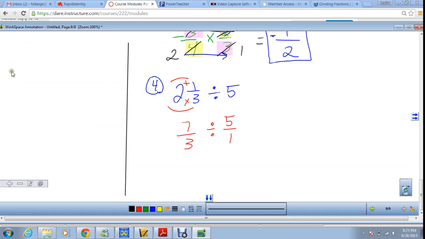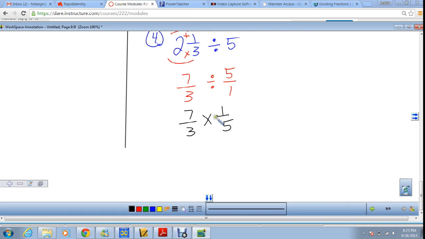Now you are ready to keep, change, flip. Can't cross simplify, so we just multiply across. 7 times 1 is 7. 3 times 5 is 15. Double check your signs. They're both positive. This is simplified, so your answer is 7/15.